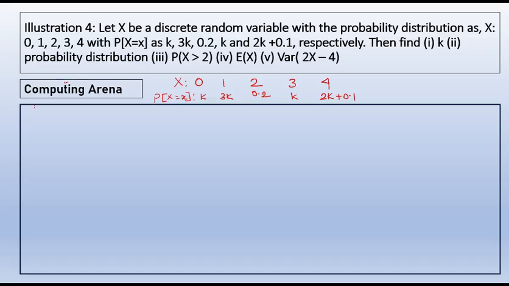We know that the total probability, that is the summation of probability of x equal to x, is equal to 1. So this implies k plus thrice k plus 0.2 plus k plus twice k plus 0.1 equal to 1.